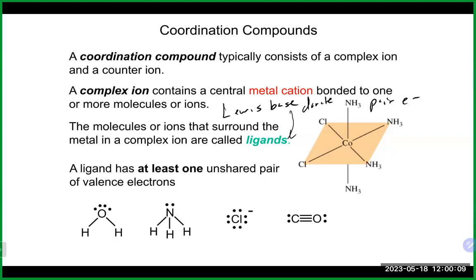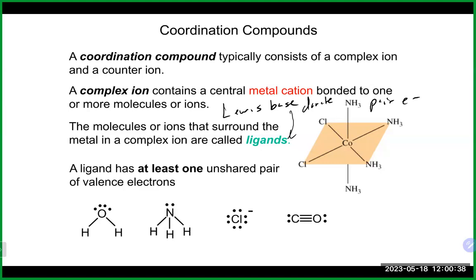What makes something a good ligand is typically that it has a non-bonding pair of electrons. For example, water or ammonia, where being polar is also very helpful to allow it to donate away those electrons. Also, ions that are anions, which are negatively charged, typically became negatively charged because they gained electrons to begin with, which means they have electrons they could give away.